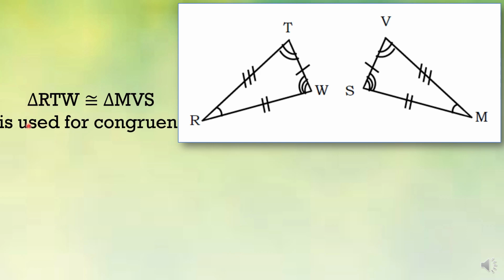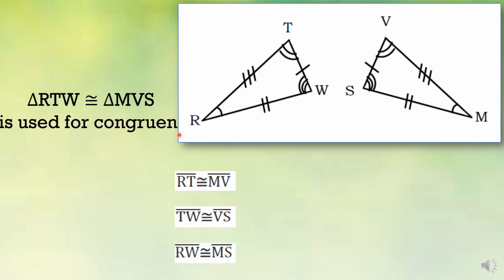Notice the symbol used for congruency. For the sides that are said to be congruent, line segment RT is congruent with the line segment MV. Line segment TW is congruent with the line segment VS. Line segment RW is congruent with the line segment MS. As you can see, in every sides that are congruent, they have the same markings.